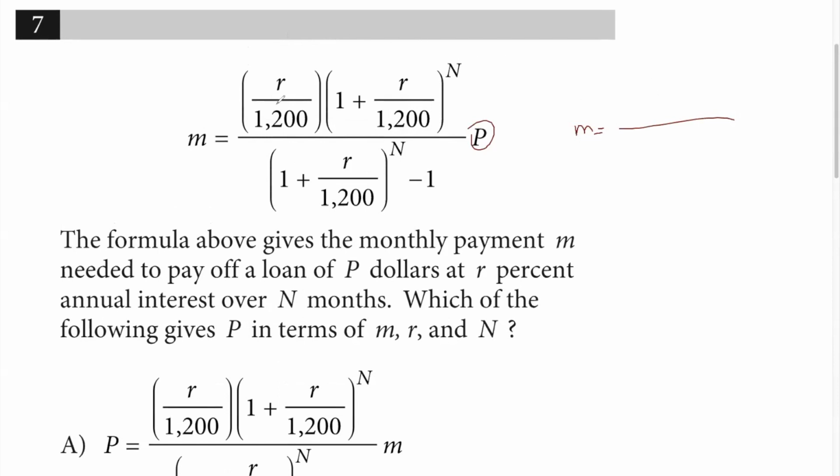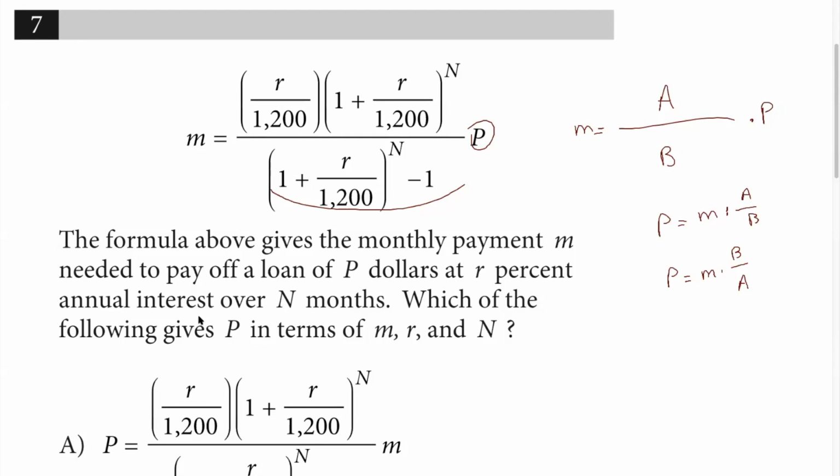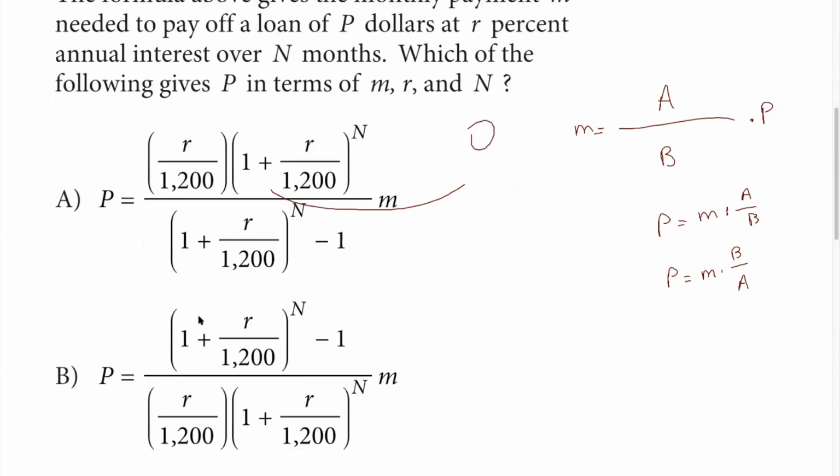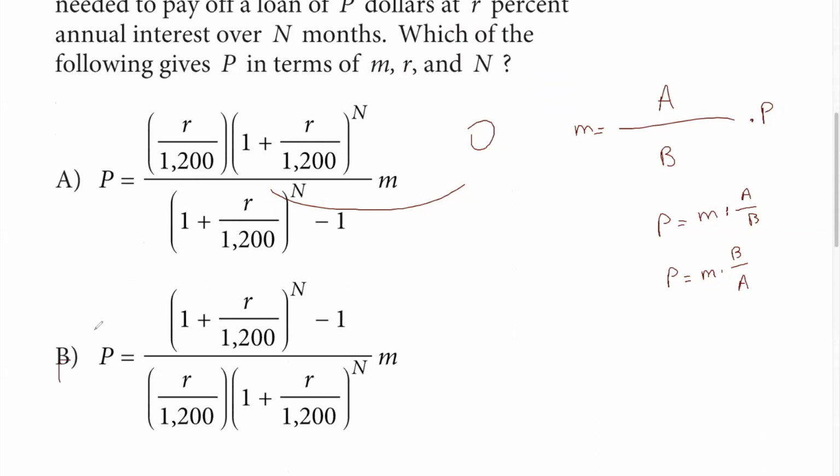Let's substitute the numerator by A and the denominator, all the denominators, by B times P. P here is M divided by A over B, which is M times B over A. So you just need to flip this fraction and multiply it by M to find P. So the answer is going to be B.